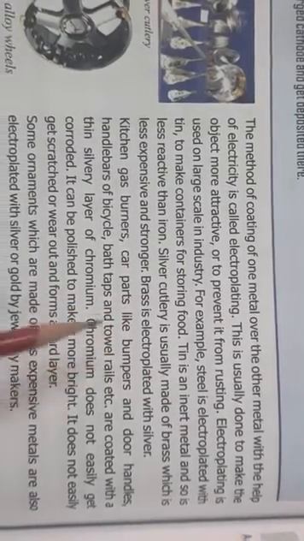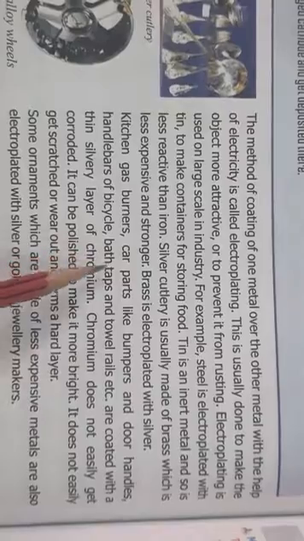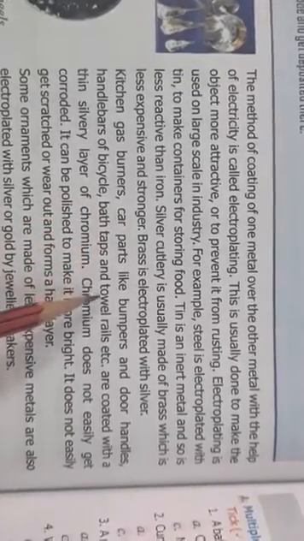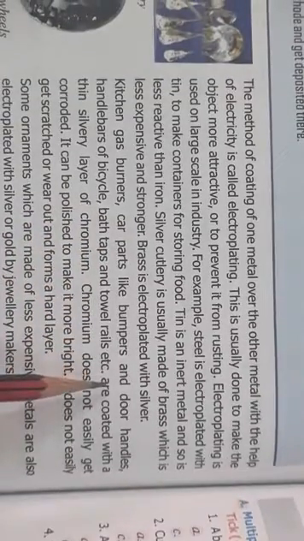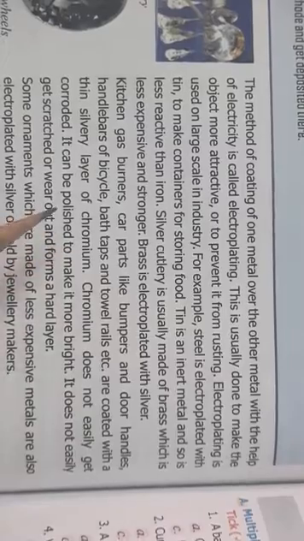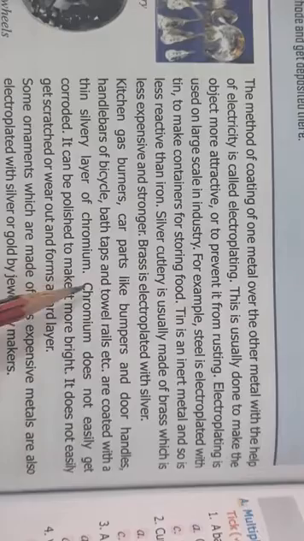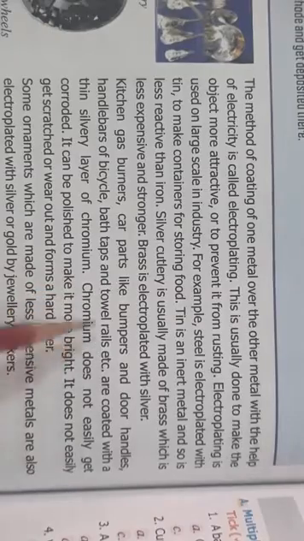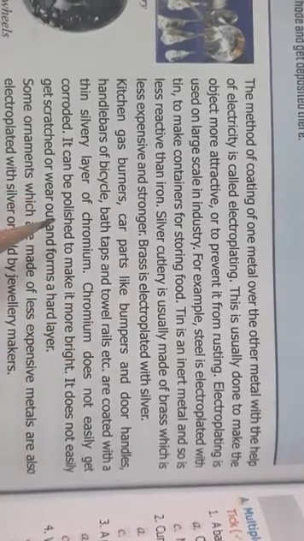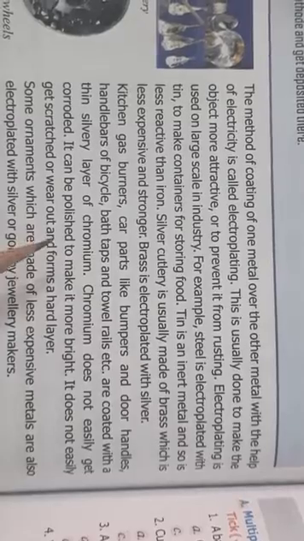Most items like kitchen gas burners, parts of a car like bumpers and door handles, the handlebars of bicycles, the taps we use in bathrooms, and towel rails are all coated with a thin silvery layer of chromium. And why is it so?